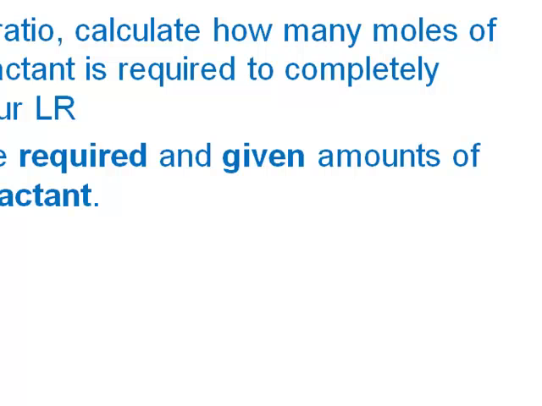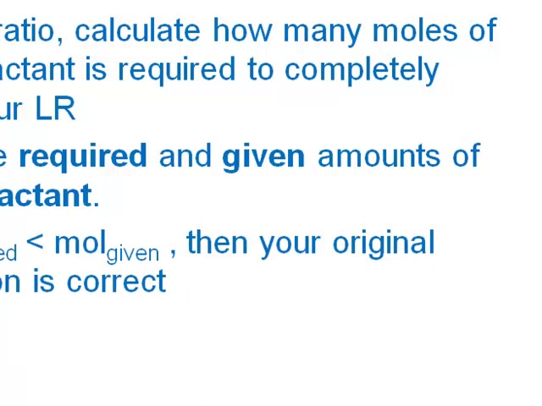This is how much we need in moles. If the moles required is less than the moles given, this would be the moles given in this case. This is the moles required. You're comparing these 2 to each other.